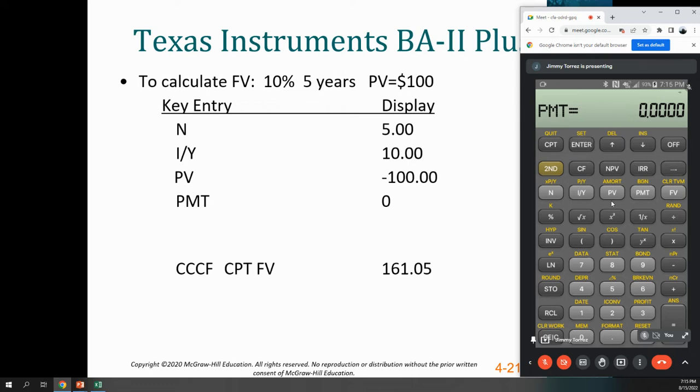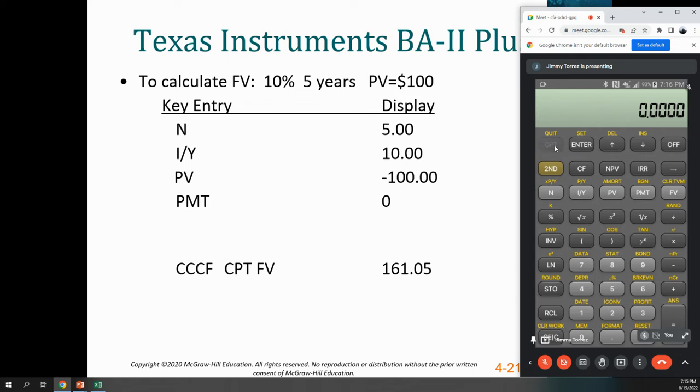Enter. And then I want to hit compute, CPT, future value. Compute future value is $161.05.